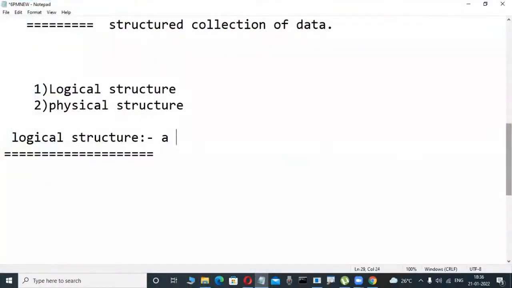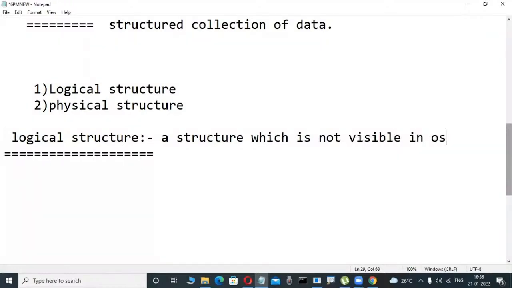Don't write it: a database structure which is not visible in the operating system, in OS, is called a logical structure of the database.